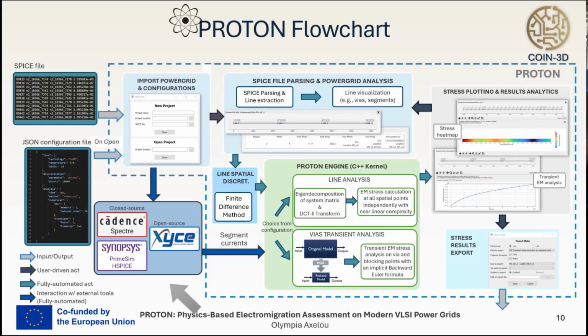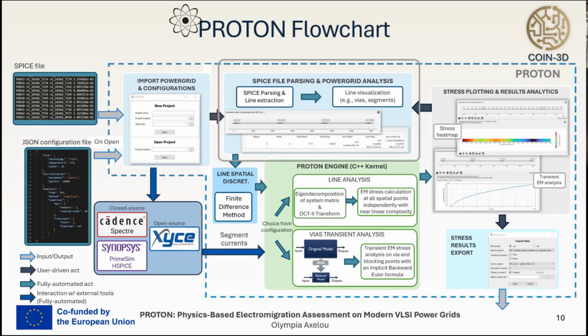It can be any industry standard or open source SPICE simulator, which makes Proton easily integrated into any physical design flow. Then it parses the SPICE file and extracts all the lines of different nets and layers. And then it generates some general EM-related statistics on the power grid, as well as the complete set of the extracted lines.